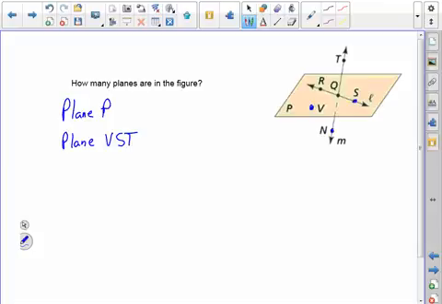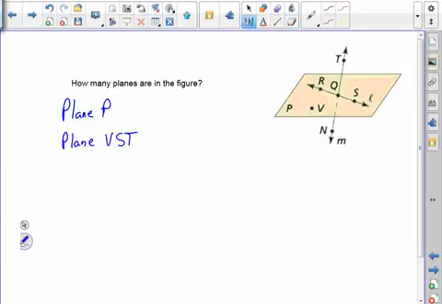Well, plane RNS and plane VST that we just identified, those would actually be the same plane because we're using point V and S from the last example, and because point N is on the same line as point T, plane V and S unfortunately isn't going to work for us. So let's go ahead and scratch that idea.